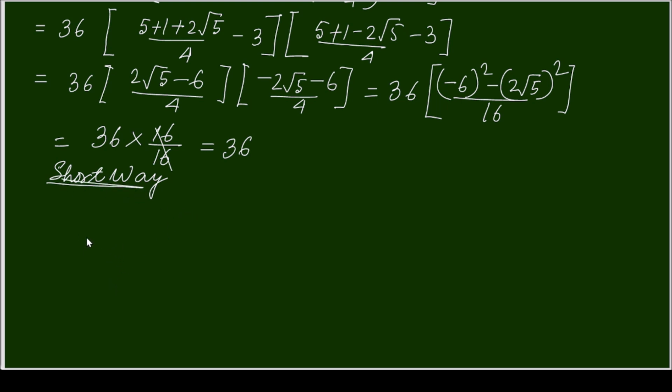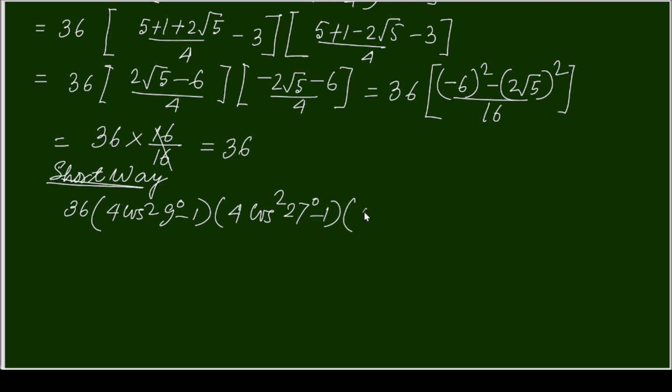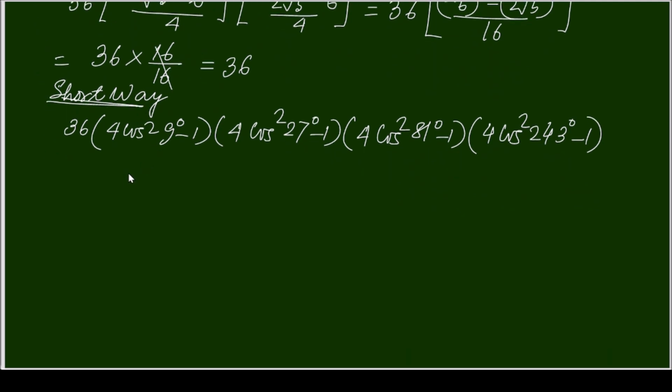I am rewriting the question: 36 times 4 cos square 9 degree minus 1, 4 cos square 27 degree minus 1, 4 cos square 81 degree minus 1 and 4 cos square 243 degree minus 1. Only one formula you learn to solve this type of question.